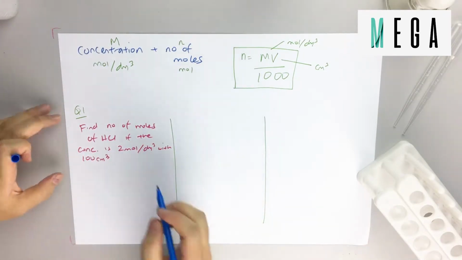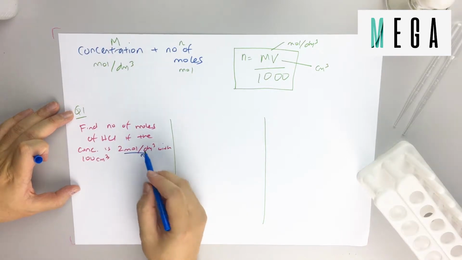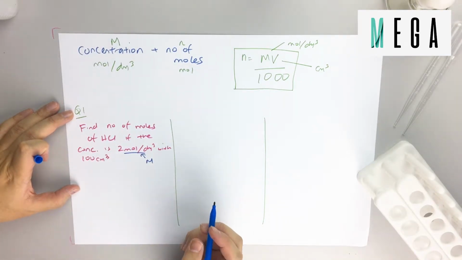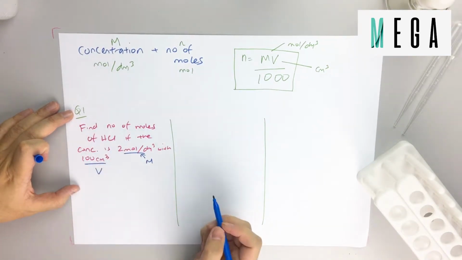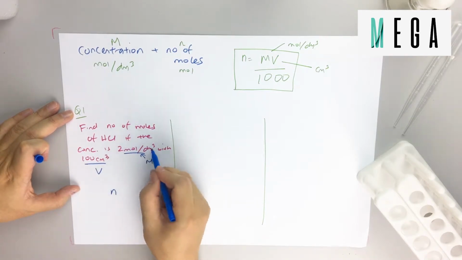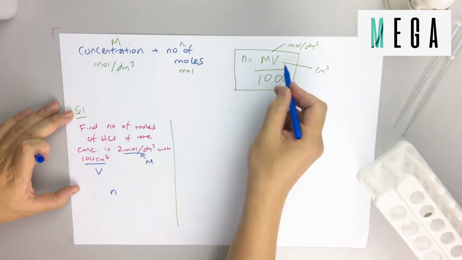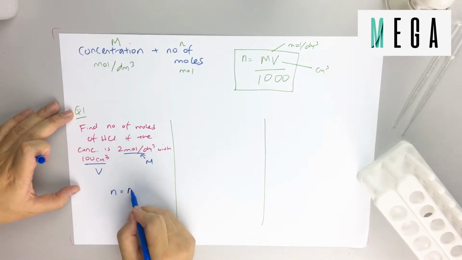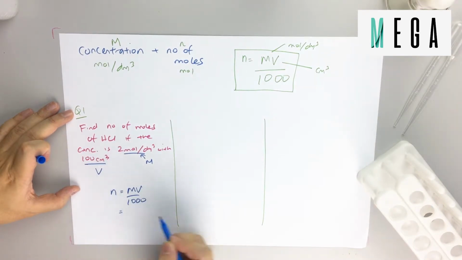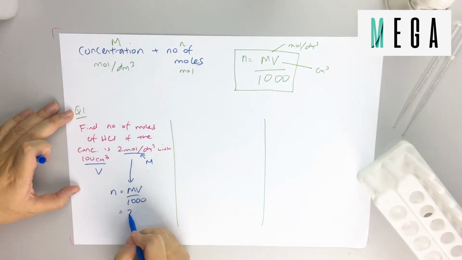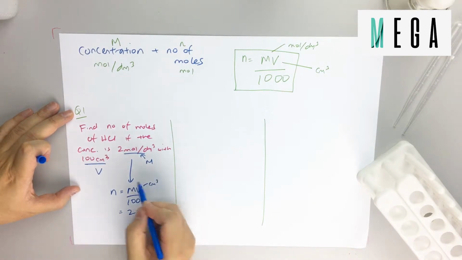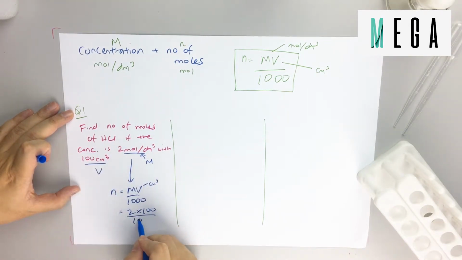So from the unit, once you see mole per dm cube, you know, oh, capital M, and 100 cm cube is V for volume. So recall the formula, n equals to mv over 1000. So just put in the formula 2 times 100 in cm cube divided by 1000. So simple maths, 0.2 mole.